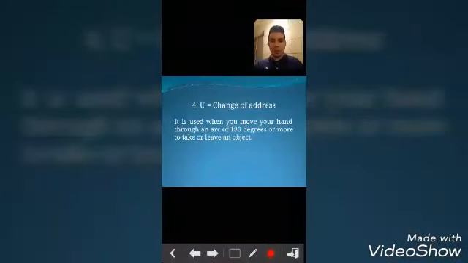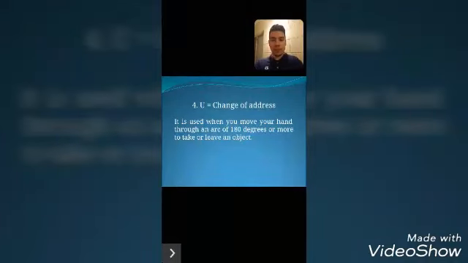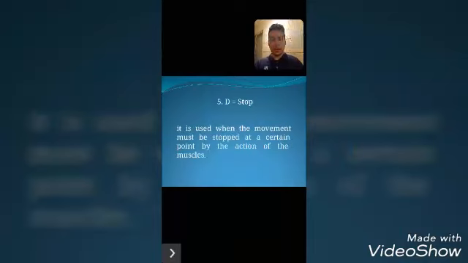Change of direction. It is used when you move your hand through an arc of 180 degrees or more to take or leave an object. Stop. It is used when the movement must be stopped at a certain point by the action of the operator.